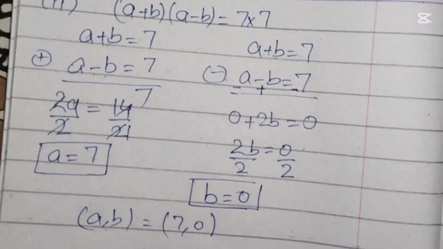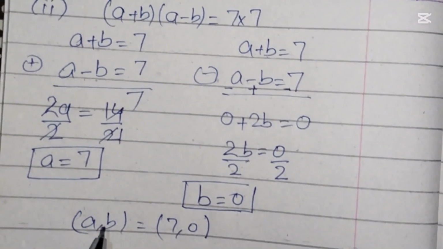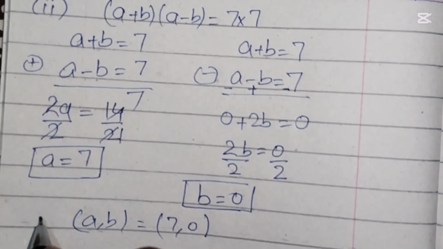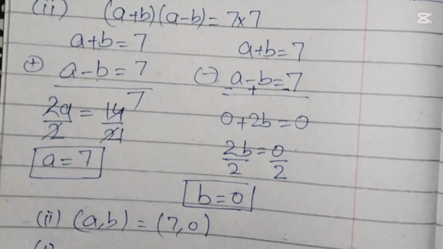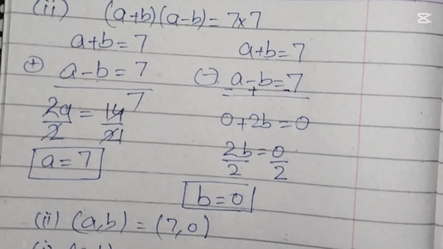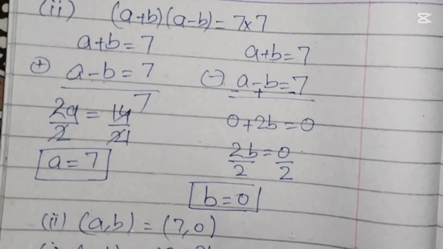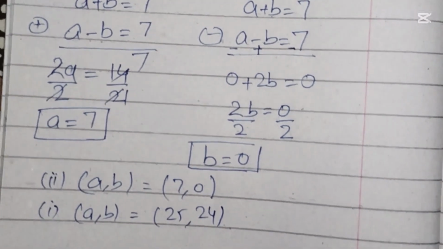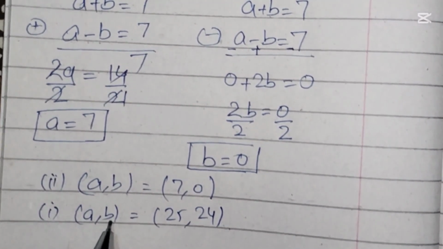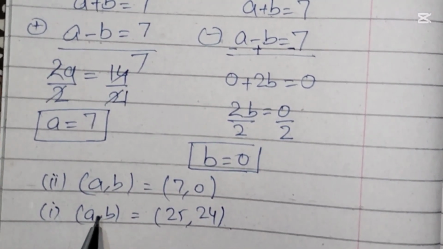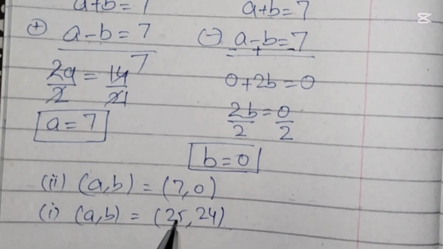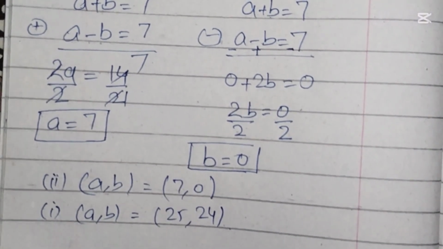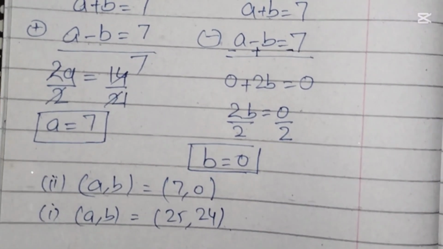Now this is the value for our second case, and for the first case the a, b values are 25, 24. We will put these values in the given equation for verification. a plus b equals 49.